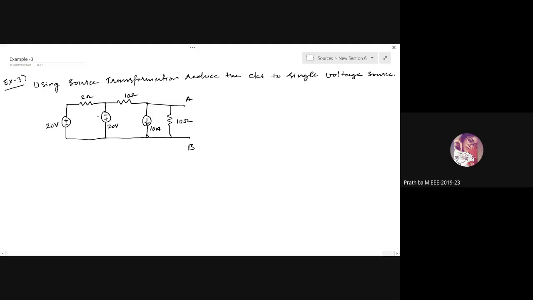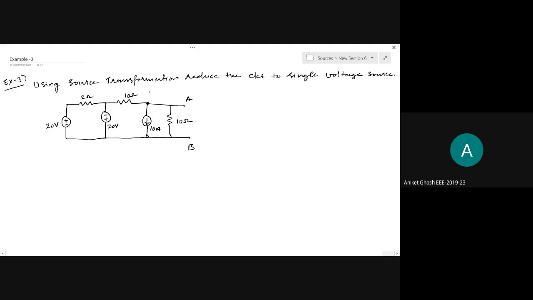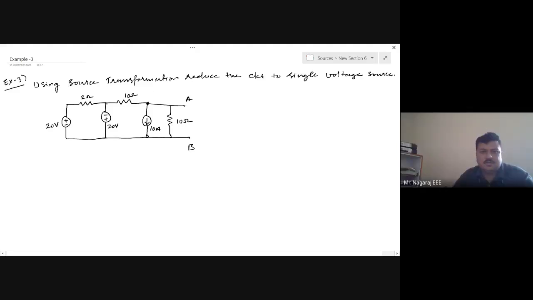10 ohm resistor connected with the ampere current source? How come, madam? Here there is a node. That will not come in series. 10 ohm resistor connected to 20 volt? Again there is a node.